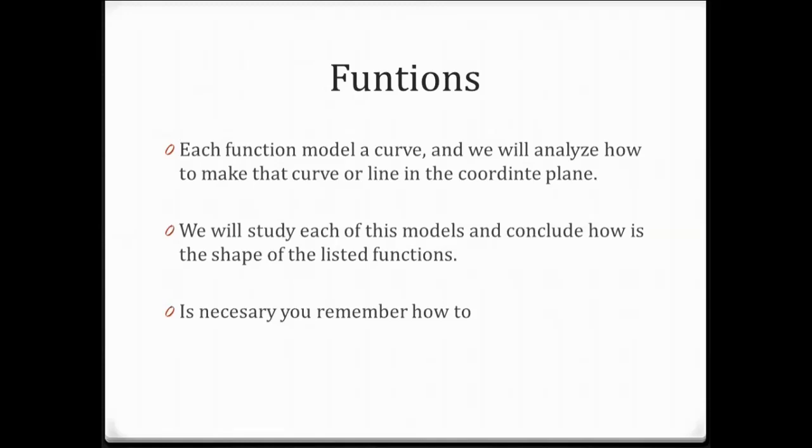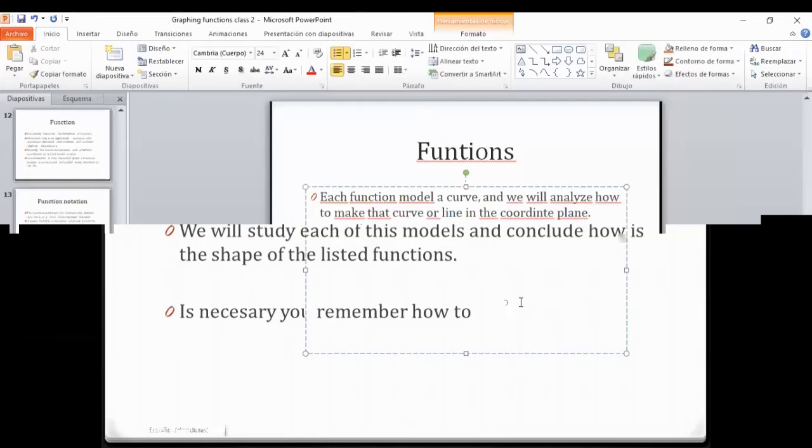It's necessary that you remember how to plot points in the Cartesian plane, what we did in the last class, because each point will help you conclude better the shape that you're making.